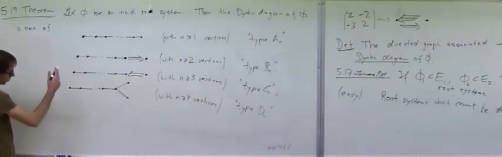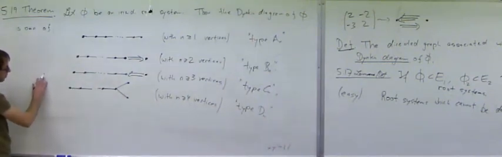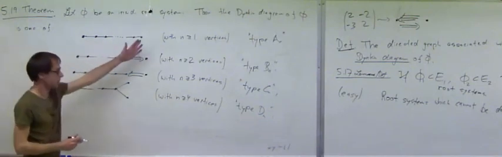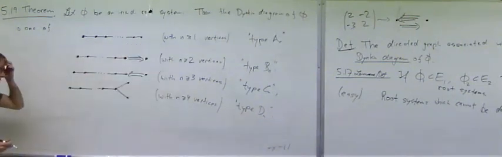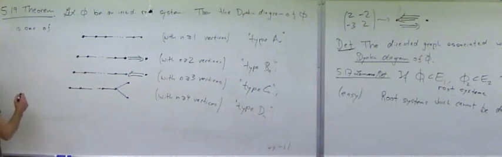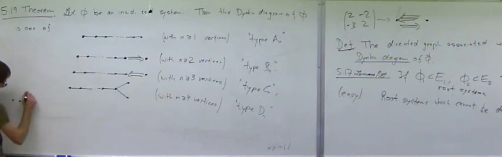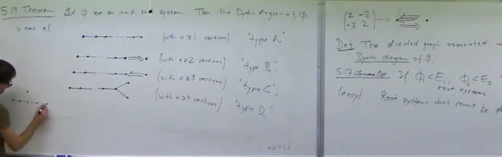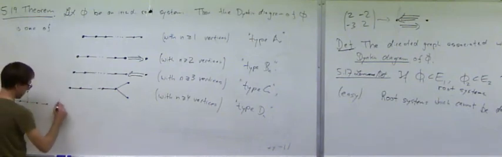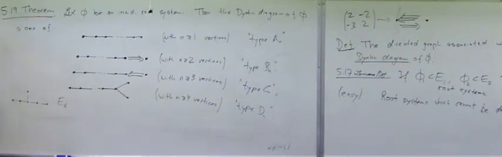So these are the so-called infinite series, because there is a discrete parameter n, and then there are finitely many more. This is of type E6. So the index always gives the number of vertices.